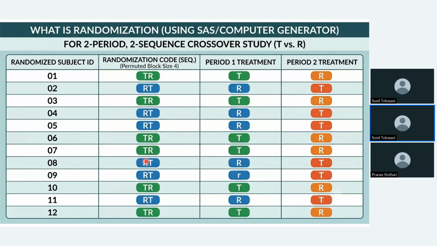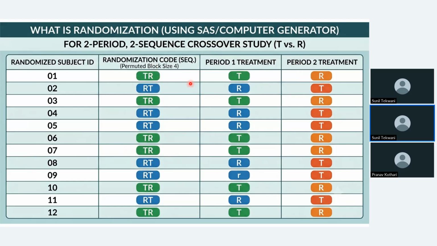TR, RT, RT, TR, TR. No subject is having TT, RR. Okay, those sequences are also possible, TT, RR, but here they are having only two sequences, either TR or RT. So this is known as two sequence study. So this gives us the definition of two period, two treatment, two sequence.